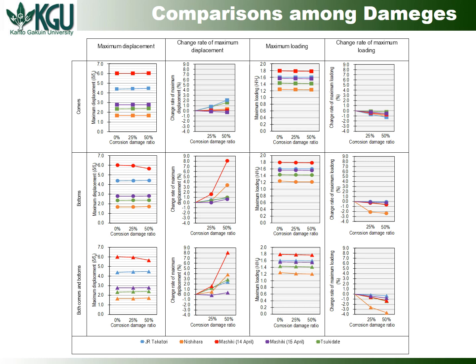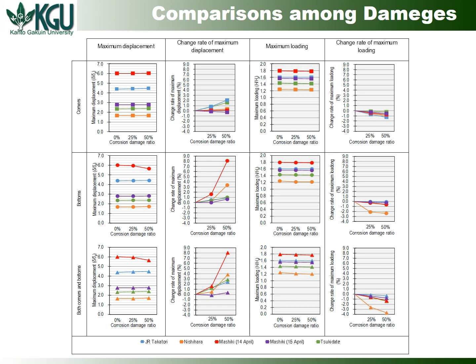At the same time, it can be seen that the change ratio depends also on the input ground motion. In particular, the maximum displacement decreases as the corrosion damage ratio increases for the case with the Machimachi-Miyazono April 14th records.